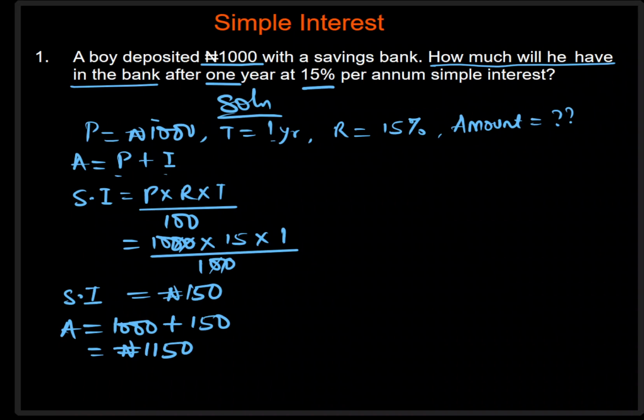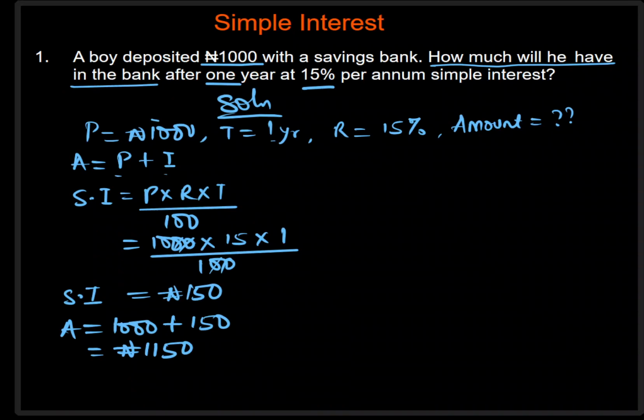The principal is the initial money, either the initial money deposited or the initial money borrowed, while the amount is the total money. In terms of a loan, it is the total money the person will pay back. If you borrow a loan, what you'll be paying back is the principal and the interest combined.